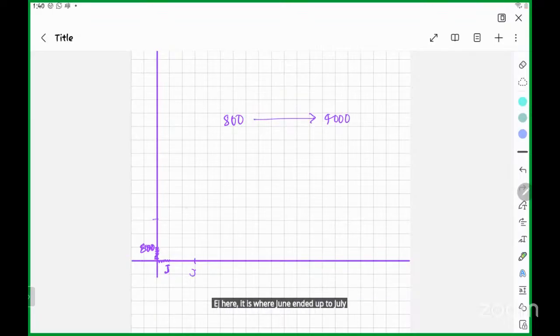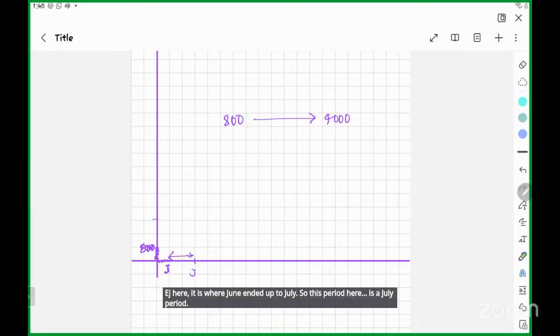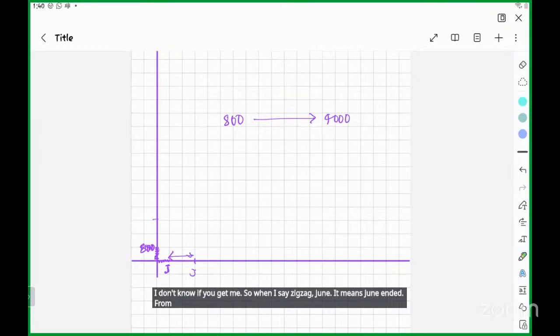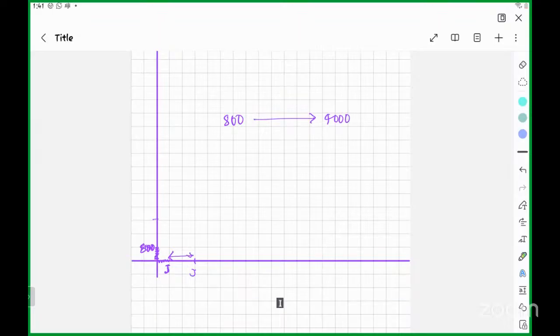So this period here is a July period. I don't know if you get me. So when I say zigzag, June, it means June ended. From Jan to June, I needed nothing. Now June has ended, and now I need July. Yeah, so that's what you would do.